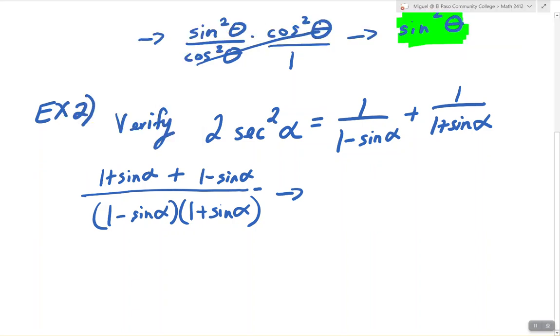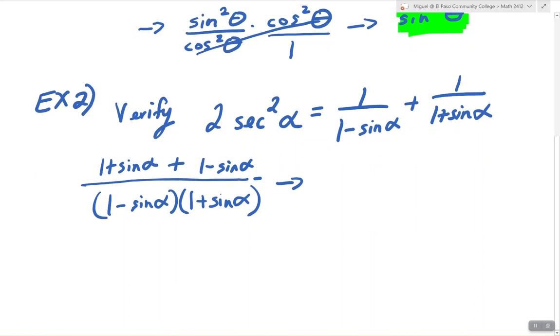Okay, and we can start simplifying a bit. We can see that we have a positive sine alpha and a negative sine alpha in the numerator. I have 1 plus 1, so we'll have 2 on top.